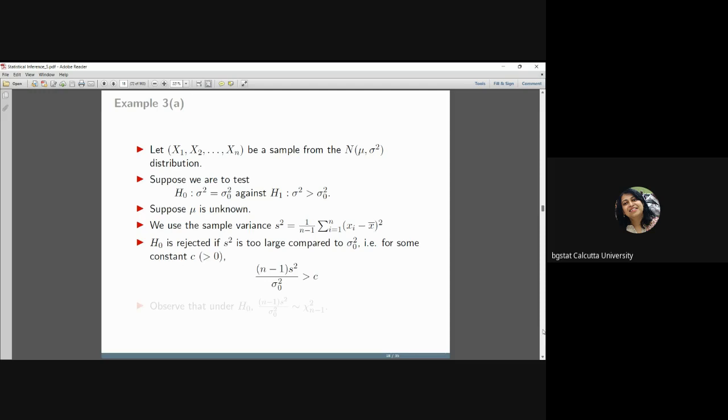Now, these were tests for the normal mean. We might also want to test for the normal variance. Variance, for example, relates to the variability of measurements. You can think that maybe you have a new test procedure, and you want to test if the variability of the new test procedure is the same as the variability of the standard test procedure.